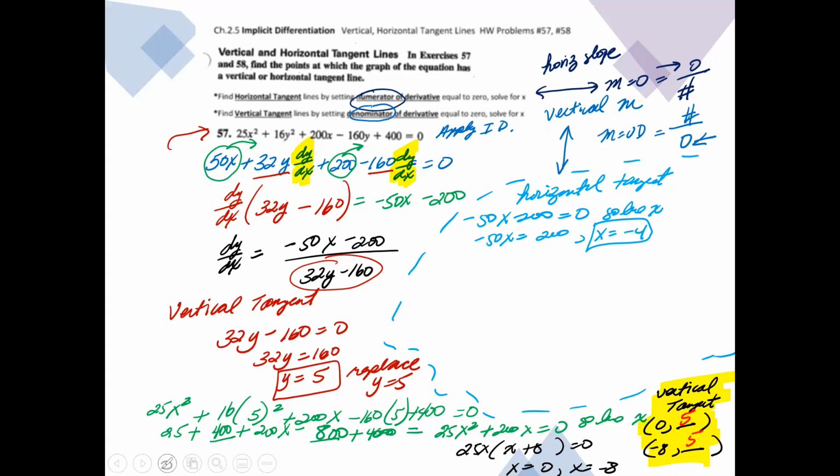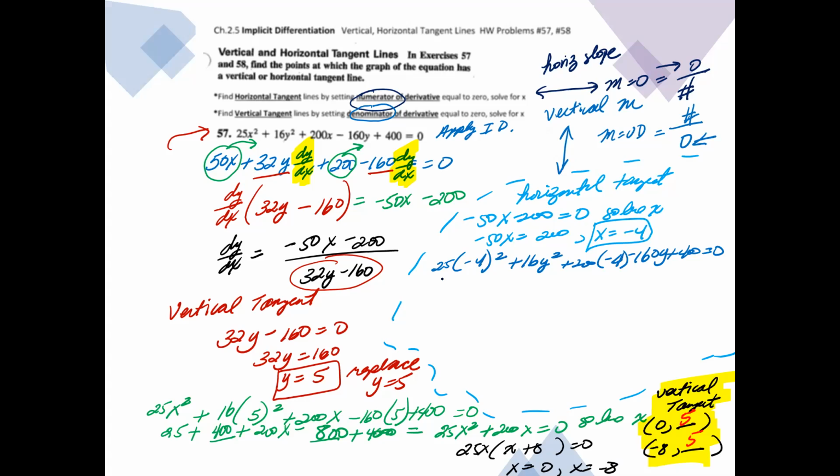Now, when you have x equals negative 4, you're going to plug that back into the original equation, but you're going to replace every x with a negative 4. So I have a 25 times negative 4 squared plus 16y squared plus 200 times negative 4 minus 160y plus 400 equals 0.